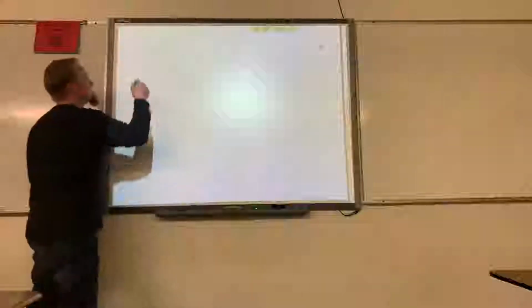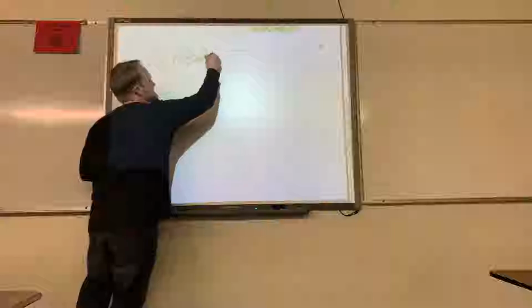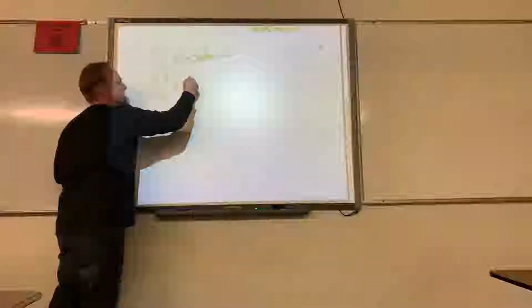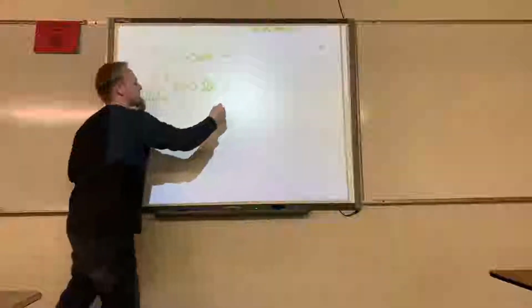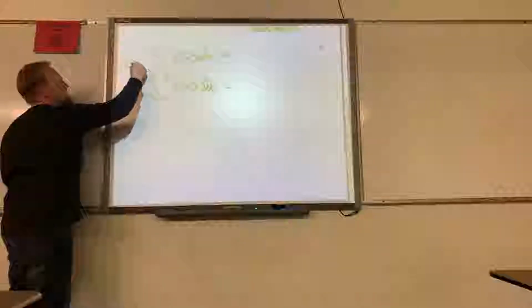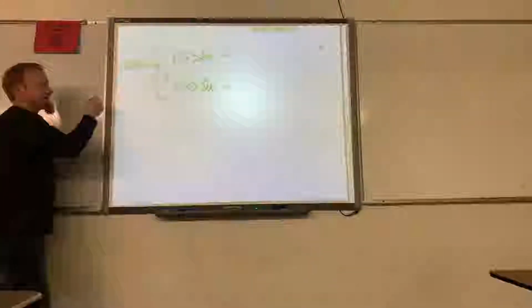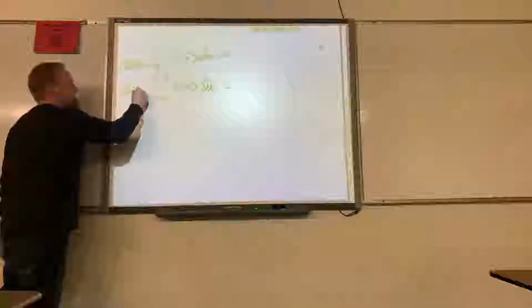Alright, so there's two types of integrals. There's that, and there's one that looks like this. This one right here is called an indefinite integral, and this one is called, what do you think? Definite. Why do you think one of them's called definite and one of them's called indefinite?